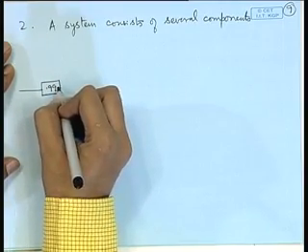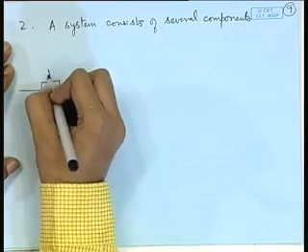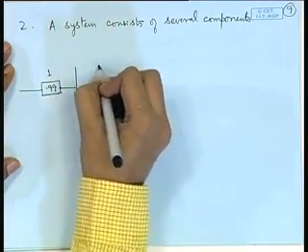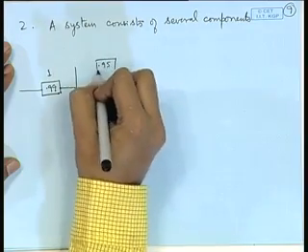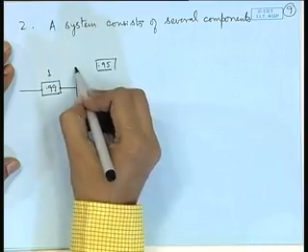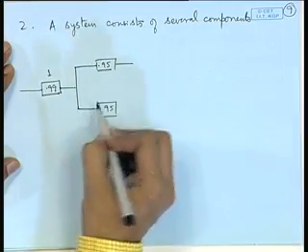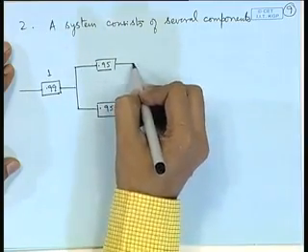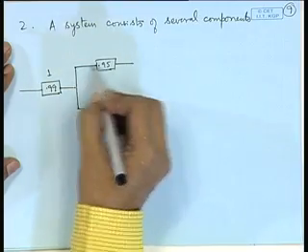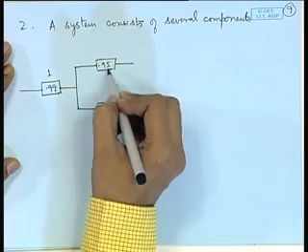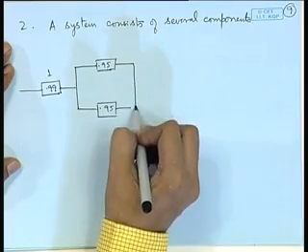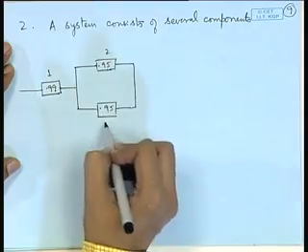So, 0.99 is the reliability of component 1 to be functioning, 0.95 for the second one. So, this second assembly here consists of two components connected in parallel. So, this particular component will be working provided any of them is working. Let us name them 2 and 3.